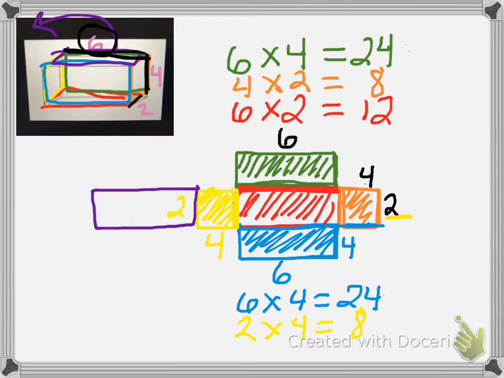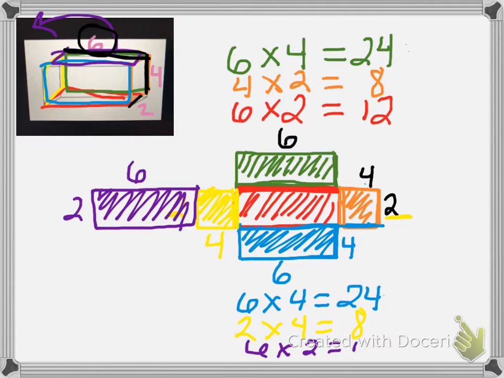And then last but not least, we have our purple rectangle. So the purple rectangle is going to be 2 on that end and 6 on the top. So 6 times 2 equals 12. Okay, and also looking at this again, we know that the purple and the red are congruent or equivalent as well.